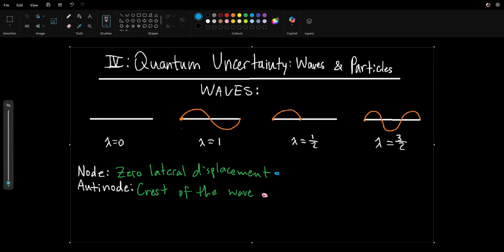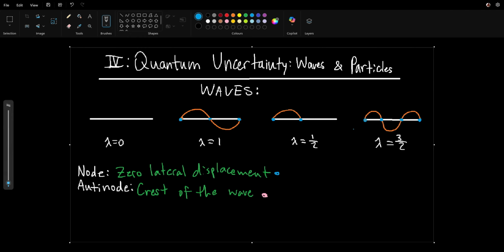On this graph here, it's 0 lateral displacement, so there's going to be a node right here, and right here. On lambda equals 1/2, we can go here and here, and then on 3 over 2 wavelengths, here, here, here, here.